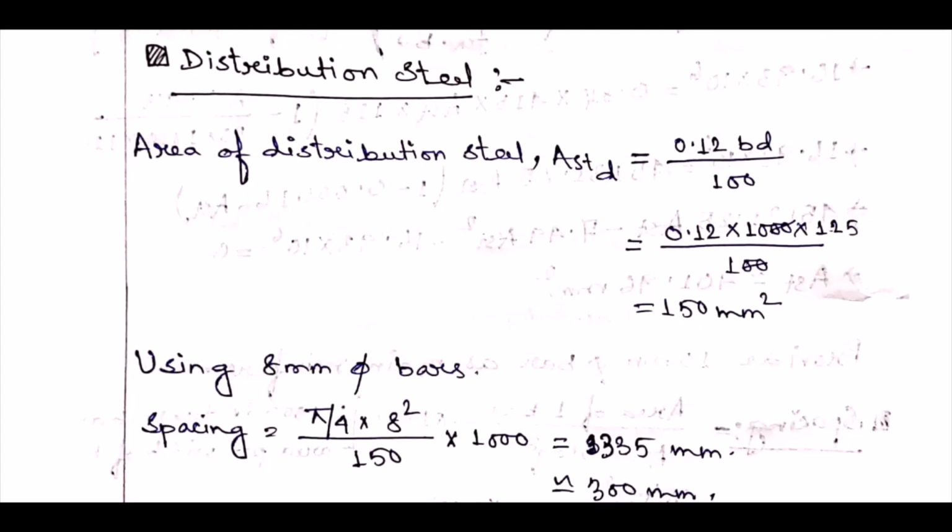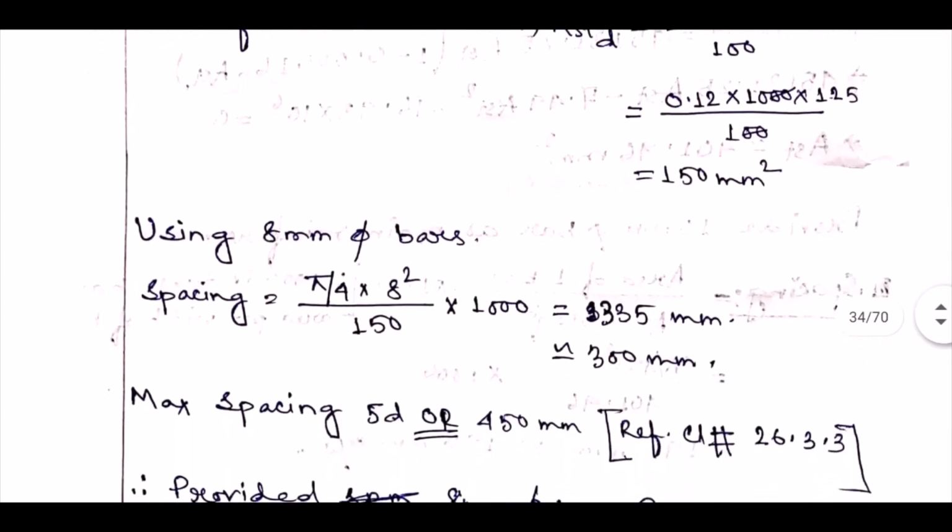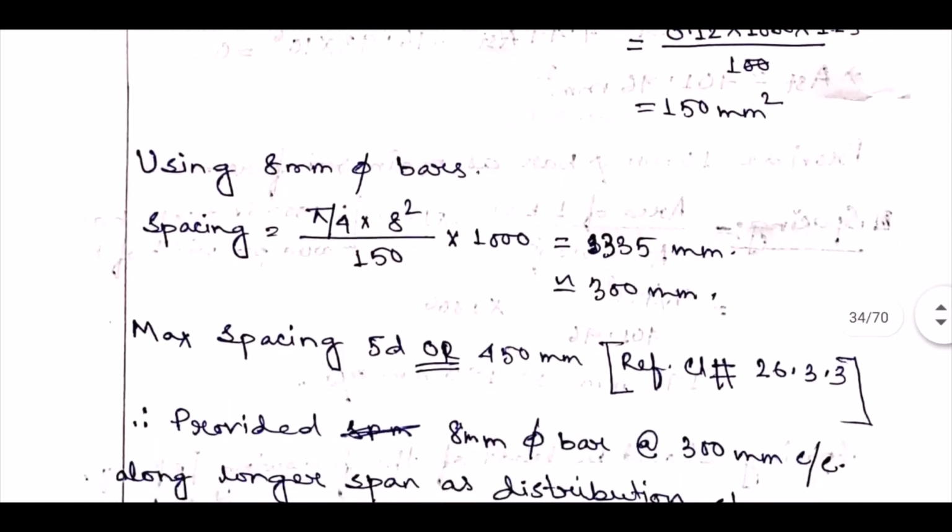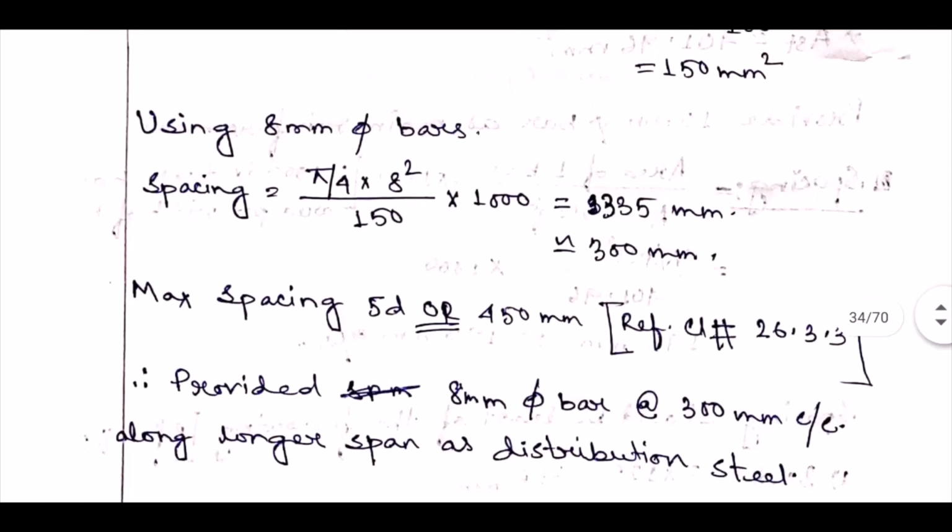So spacing is pi by 4 into 8 square by 150 into 1000, that is equals to 335 mm. So we can reduce the spacing, will be then 300 mm. So now maximum spacing is 5D or 450 mm as per clause number 26.3.3.